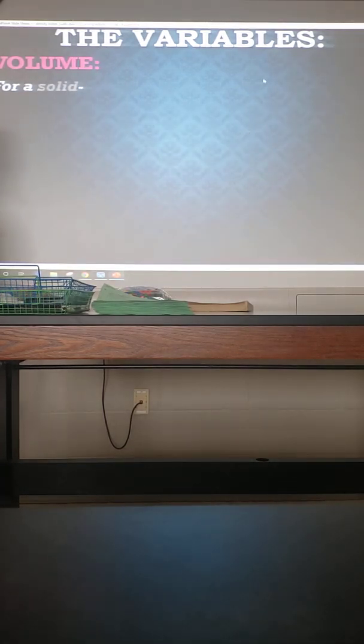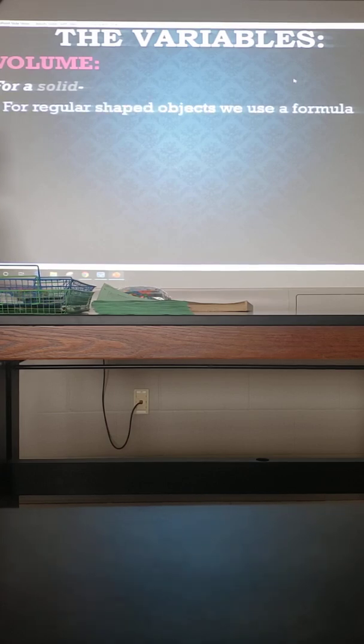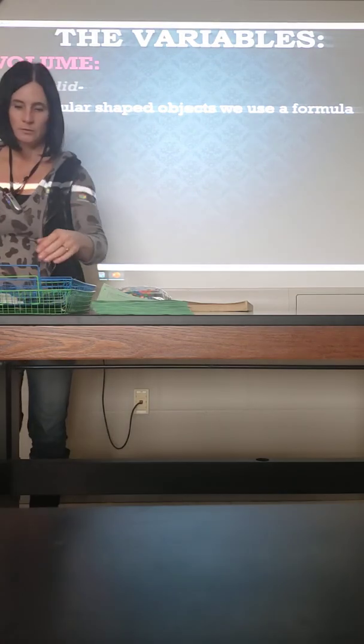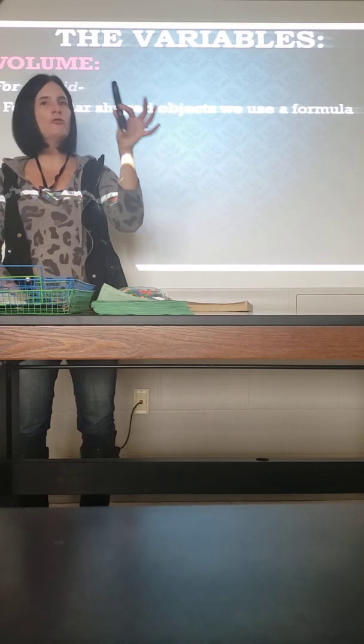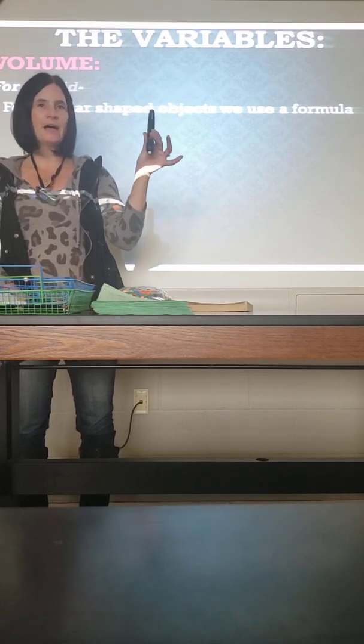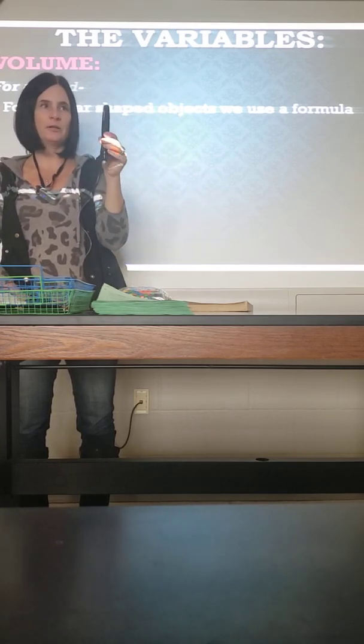So if we're talking about a solid now, if we have something that is an irregular shape, like my Panaboard pen, there's no formula I have for the volume of this solid pen.